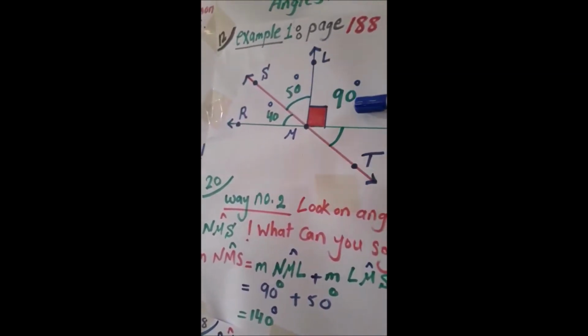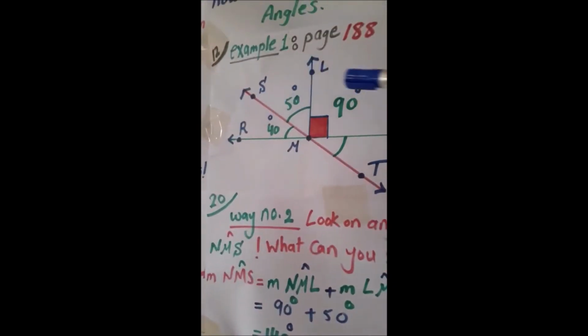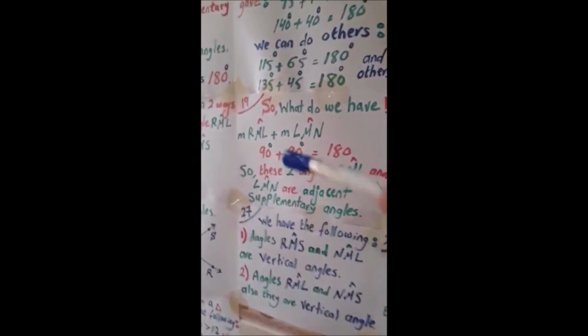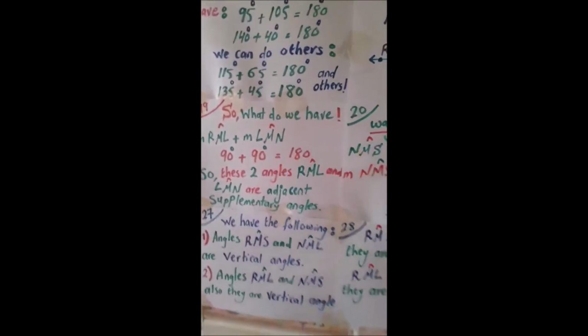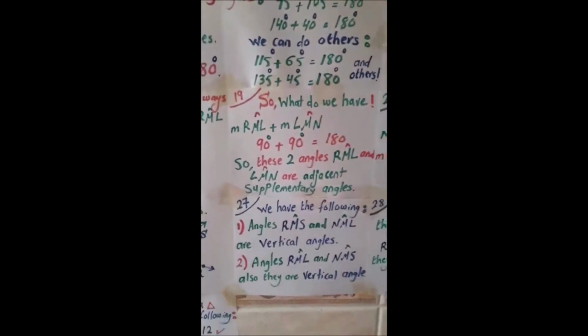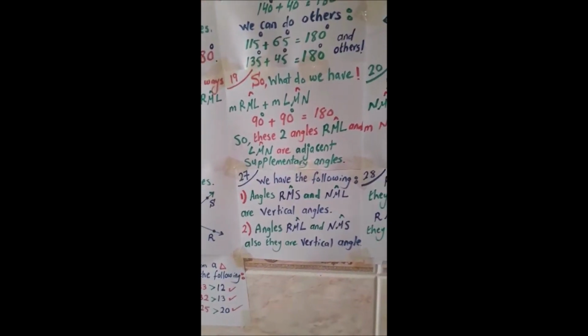So this angle and this angle are supplementary angles, and they are adjacent. Why? Because 90 plus 90 equals 180. The measure of RML plus the measure of LMN, 90 plus 90 equals 180. So these two angles, RML and LMN, are adjacent supplementary angles.